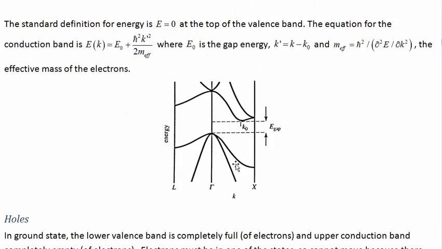In an indirect gap material, the band shape is such that the lowest energy in the conduction band is actually at a different wave number, a different momentum than the top of the valence band. So the most efficient energy-wise way to transfer from one band to another requires a momentum transfer, so you can't actually jump from valence to conduction band without involving a phonon.